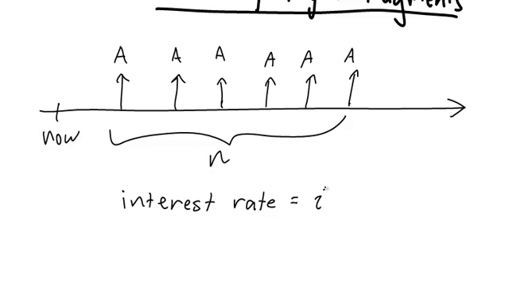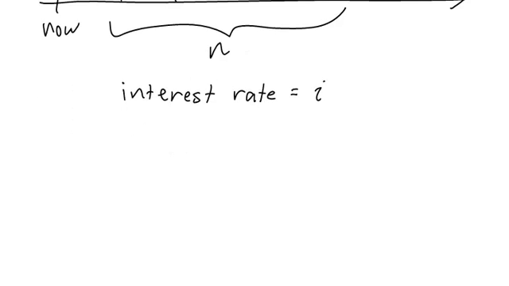The interest rate equals I. So the concept is, if you had a certain amount and you invested it for a year at interest rate I, at the end you'd have I% extra on top of what you had, so 105%, which is 1 plus I, because I is written as a decimal. So if it was 5%, you'd have 0.05, and 105% would be 1.05, which is 1 plus 0.05.